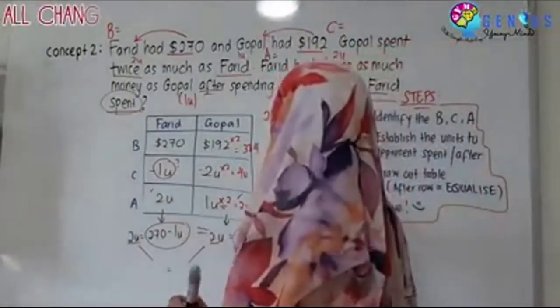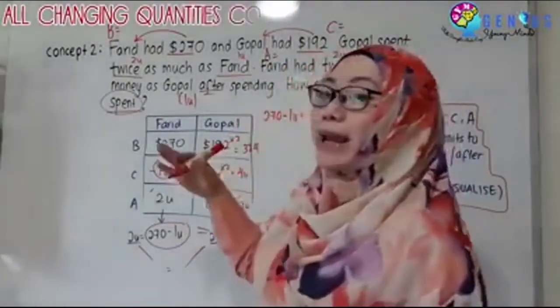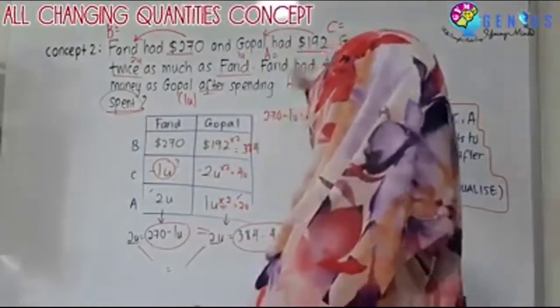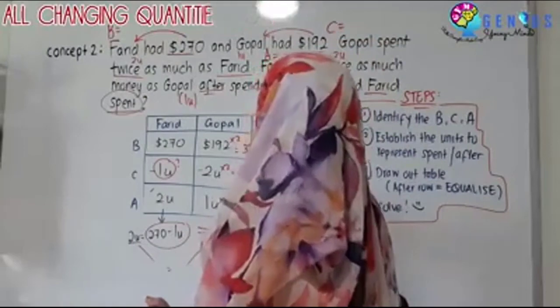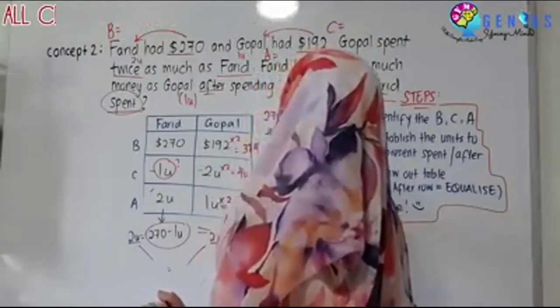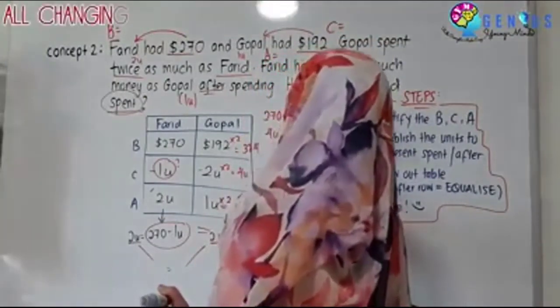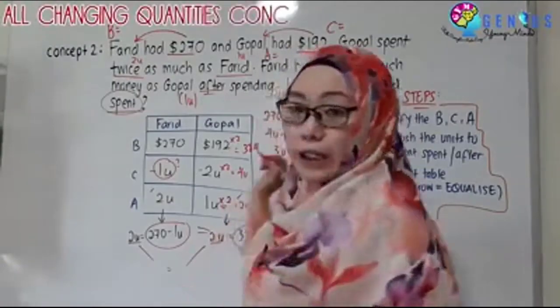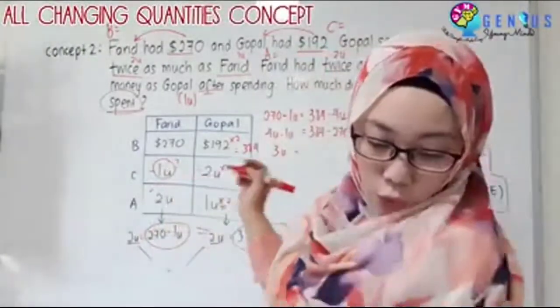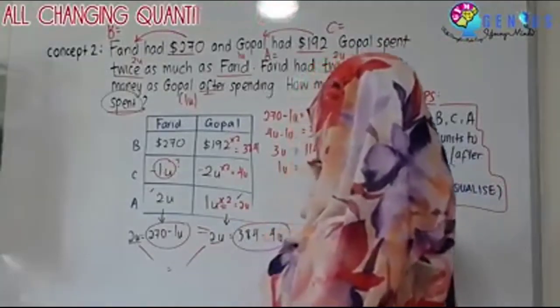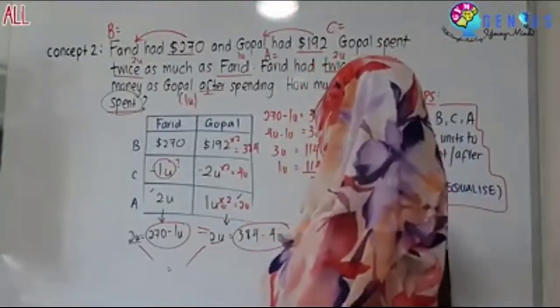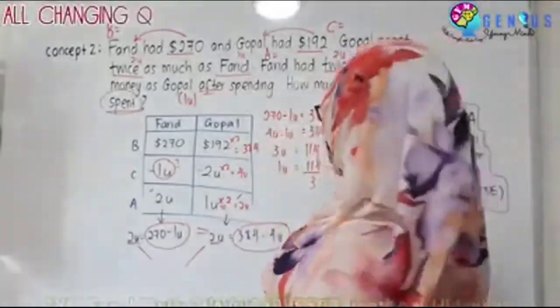So this becomes 4 units minus 1 unit, 384 minus 270. 3 units is equal to 114. Then 1 unit is equal to 114 over 3 equals 38.